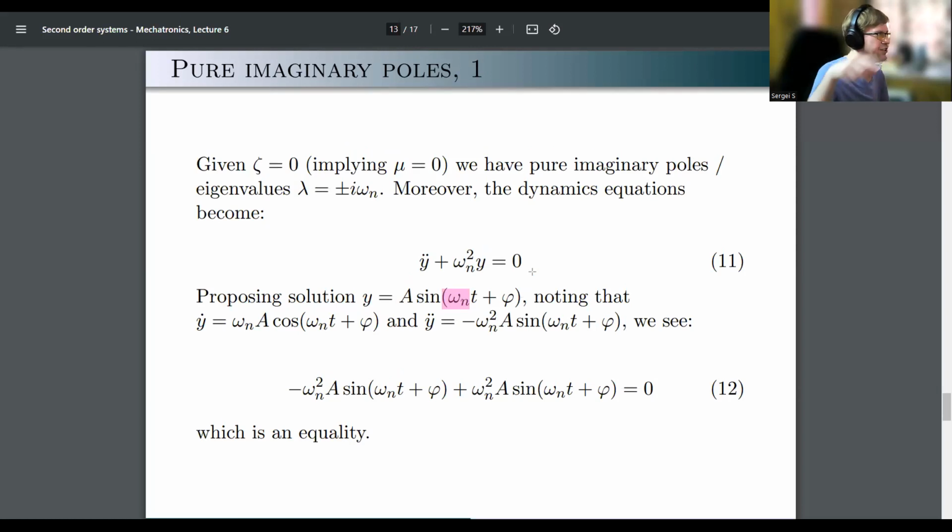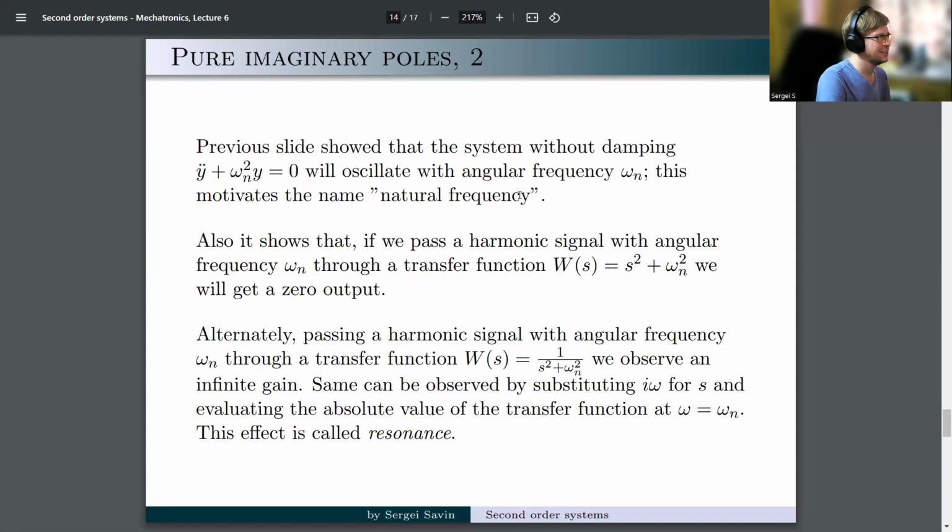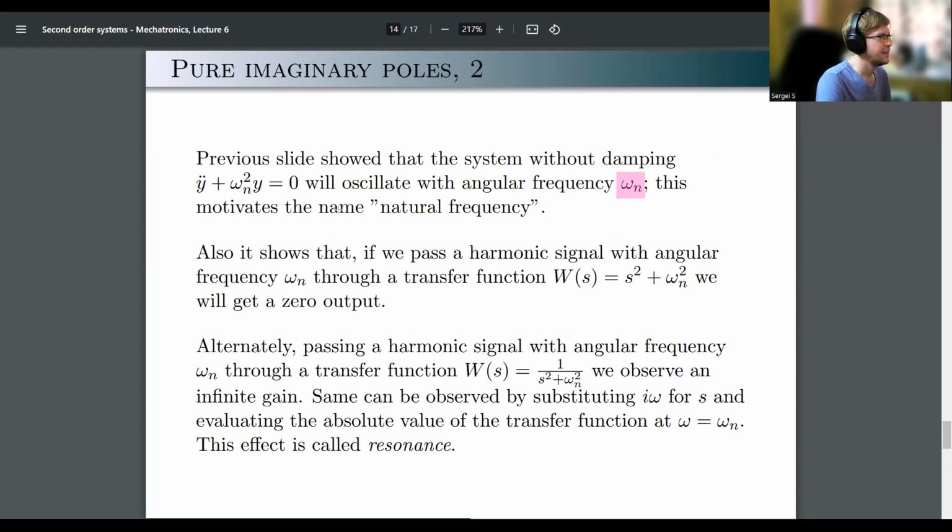So there's an oscillation, and the angular frequency of this oscillation is omega n. It's going to oscillate with the frequency omega n. This is why we call it natural frequency. This is the frequency with which the system will oscillate if no damping is applied.